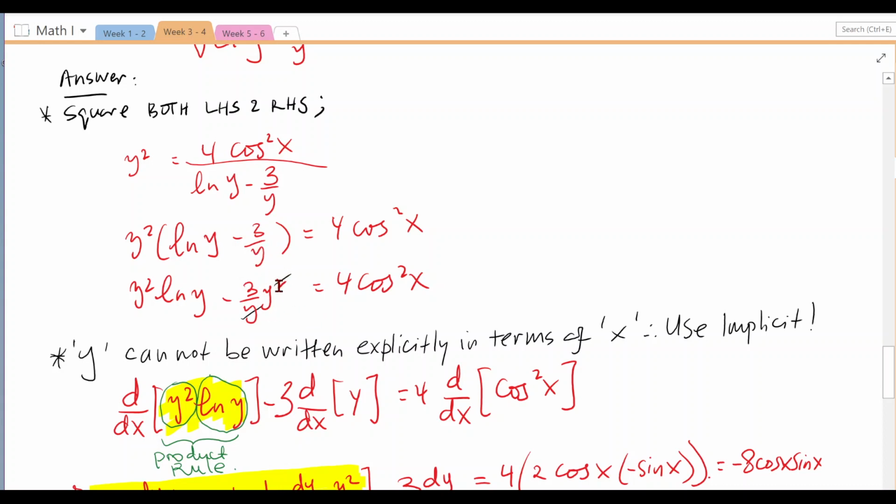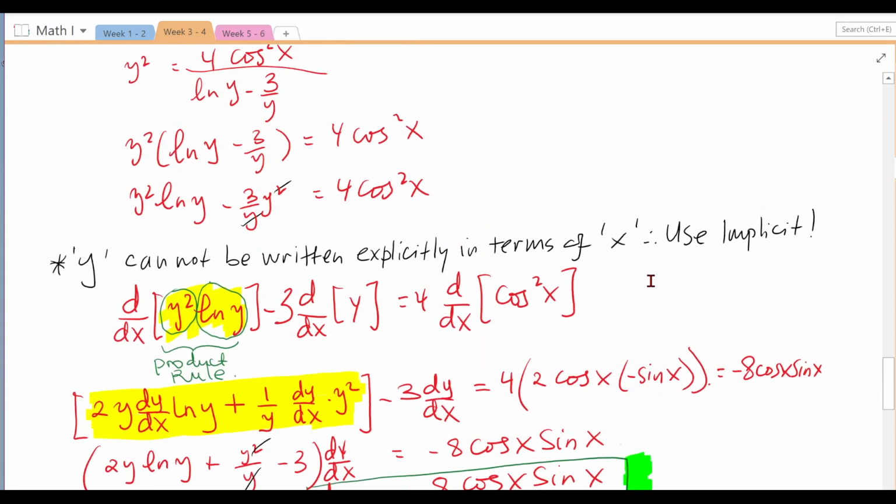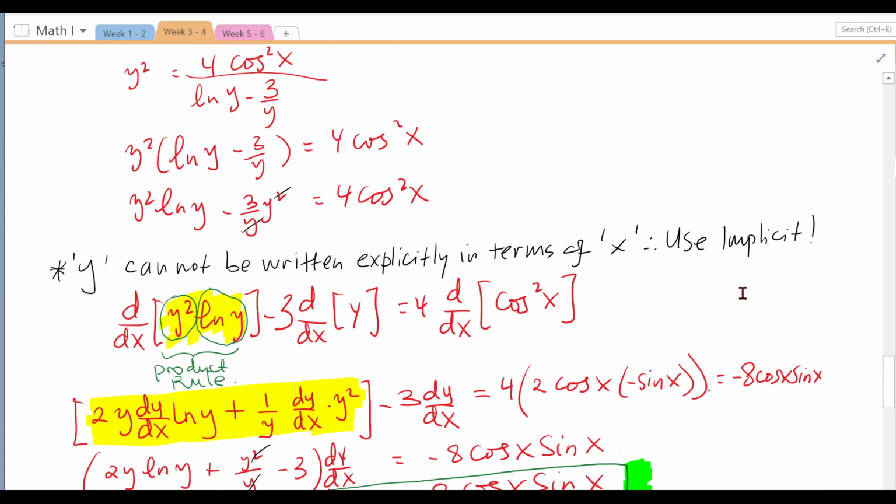We can cancel one of the y. We have only 3y, therefore equals 4 cos squared x. So here again we cannot express y explicitly in terms of x, so we will use the implicit differentiation approach by taking the derivative simultaneously, everything on the left hand side and everything on the right hand side, like this.